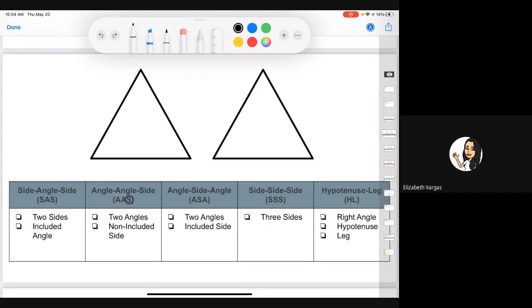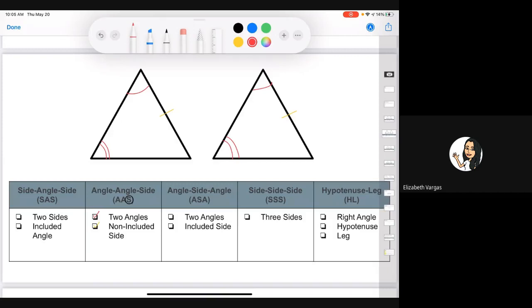So I need two angles to be congruent, and then any non-included side, so this one and this one. If I can prove those criteria to be true, then I can use the angle angle side theorem to prove these two triangles congruent. Okay. Questions about this one?